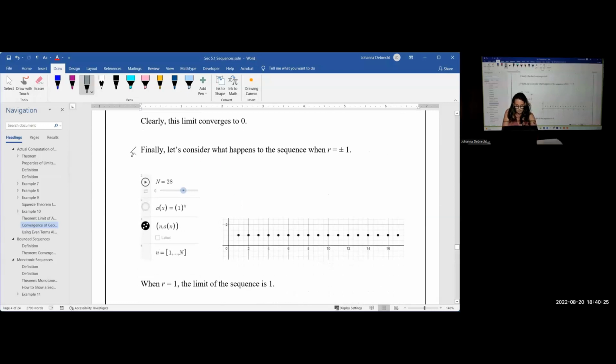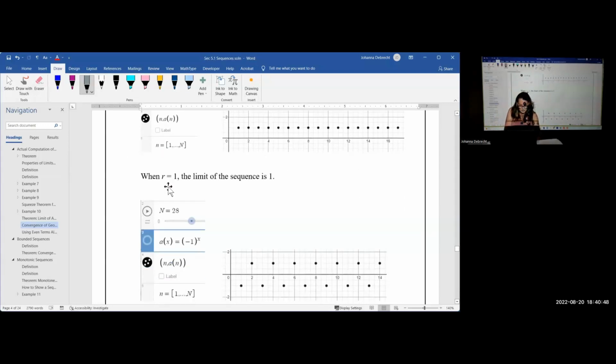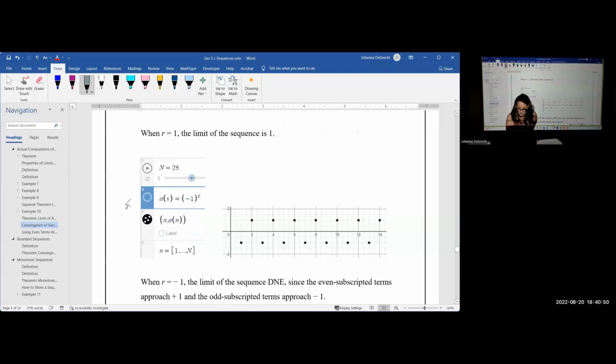What happens when r is 1, so 1^n? Obviously 1 to a finite power is just 1, and so you get a sequence of dots at 1. Obviously, it converges to 1, which is not terribly interesting. It's sort of like 0.